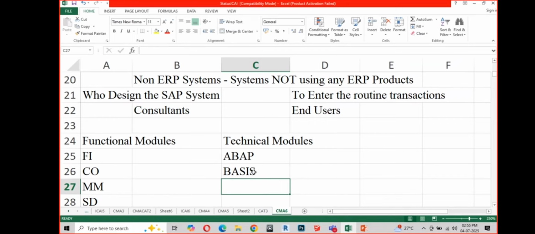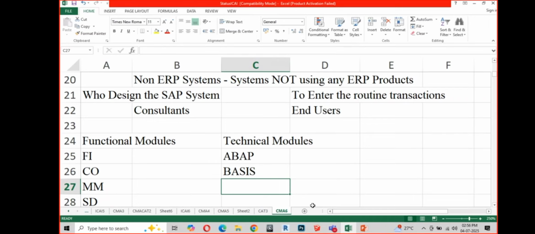Each expert in this area is called a consultant: FI consultant, CO consultant, MM consultant, SD consultant, ABAP consultant, Basis consultant, and there are various other technical modules also. I've just talked at a very basic minimum, which is very common for a fresher also. So we were discussing data security. Is that the only responsibility of the Basis person?